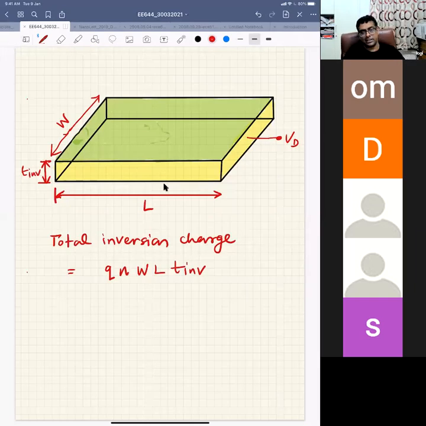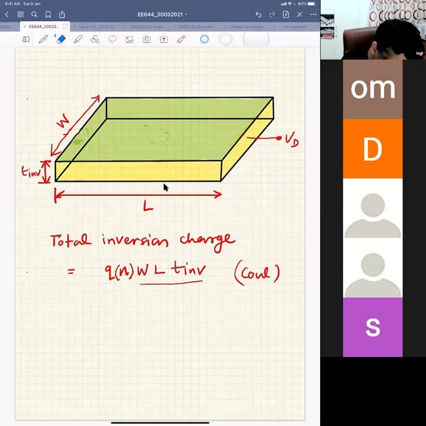This is the number of electrons, and this is the volume W L into T inversion. The charge is Q, and this will be negative, but let's forget about negative. So this is the total inversion charge. The unit is coulomb. These inversion charges will move; your depletion charge is not moving.